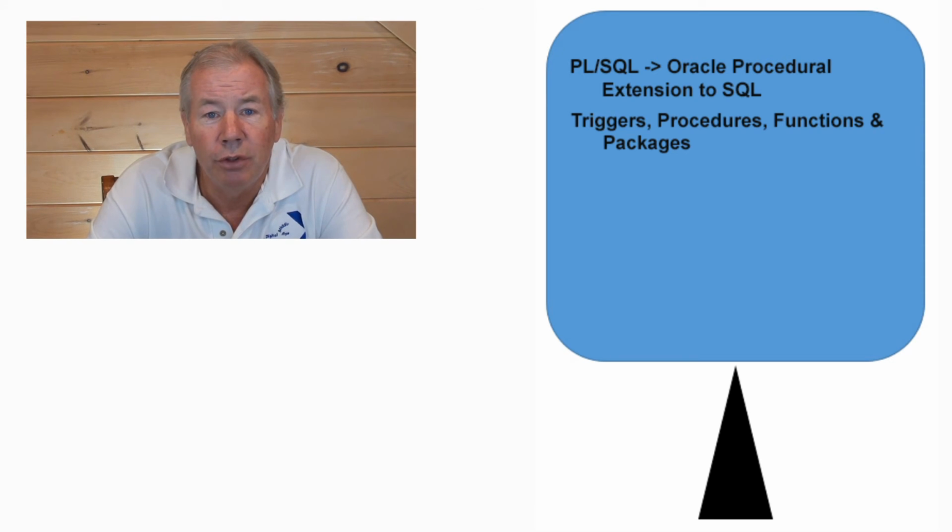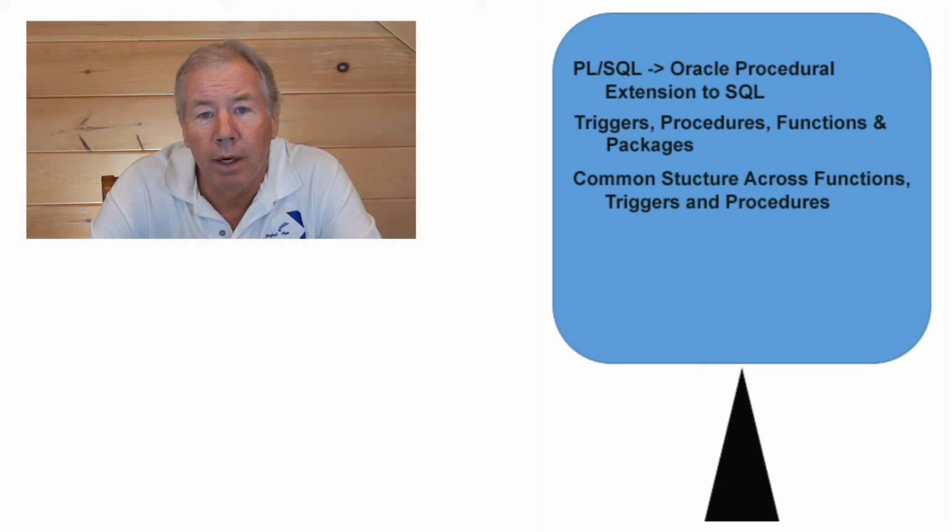Procedures and functions, both of which you guys are very comfortable with because you write them every day in your 3GL programs. And then, of course, the ability to put procedures and functions together within a package shell, where in addition you can add local data structures as well as user-defined exception handlers.